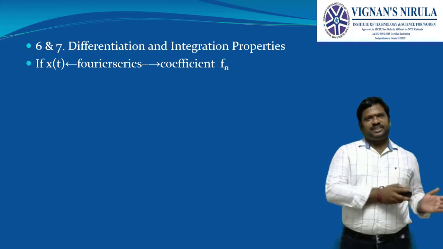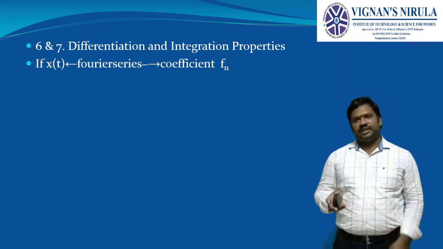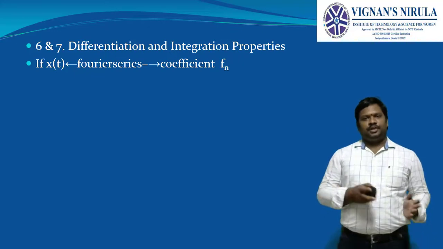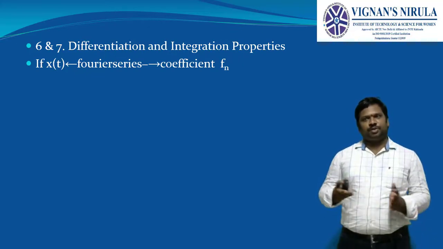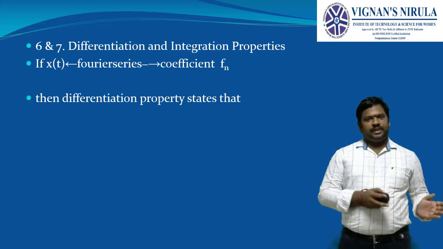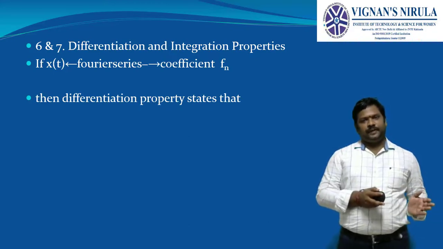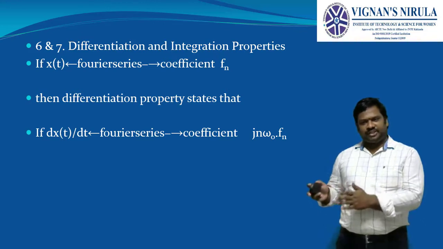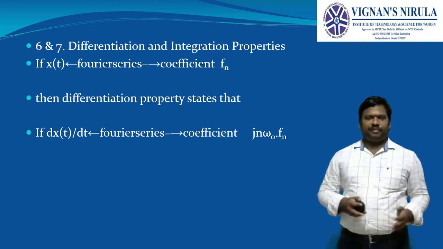Next one is the differentiation and the integration properties. We'll study the differentiation and integration properties together. If x of t has the Fourier series coefficient Fn, then the differentiation property states that dx of t by dt has the Fourier series coefficient jn omega naught into Fn.